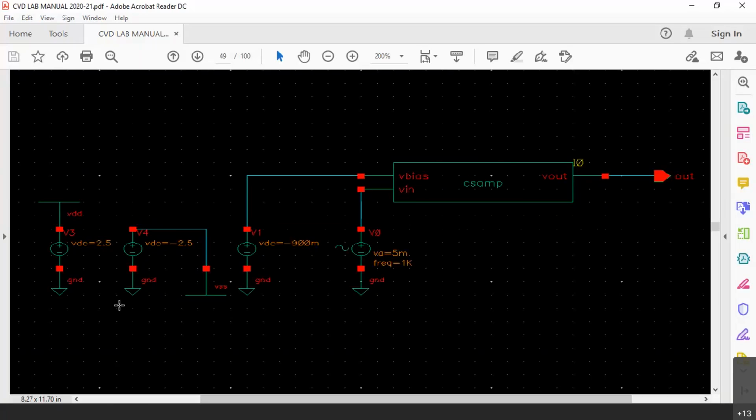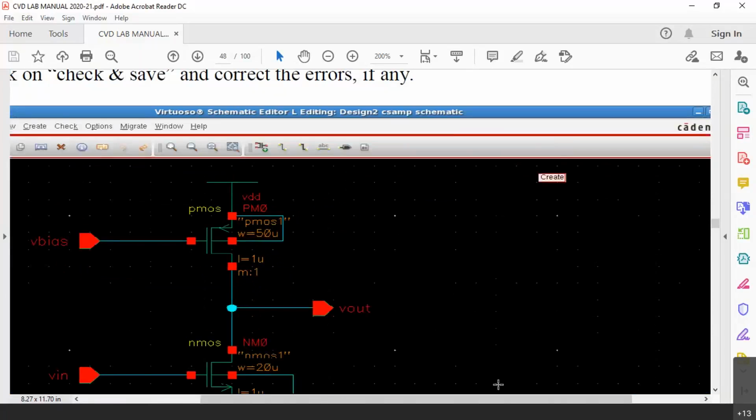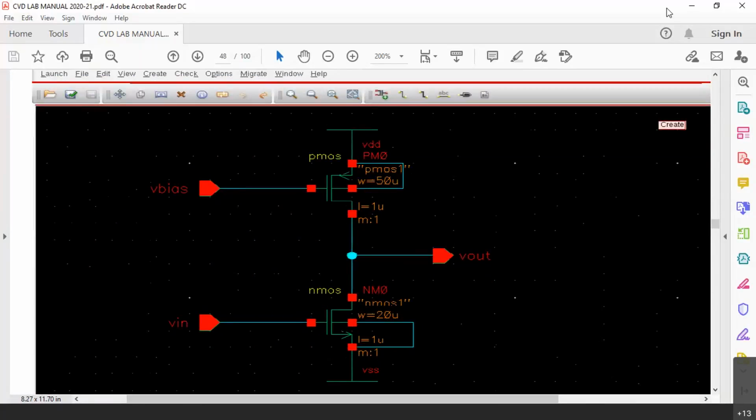Now my last question is, when we give this gate to source voltage as minus 0.9, what is VGS? I will come back to this circuit now. We have given the gate to source voltage V bias as minus 0.9.